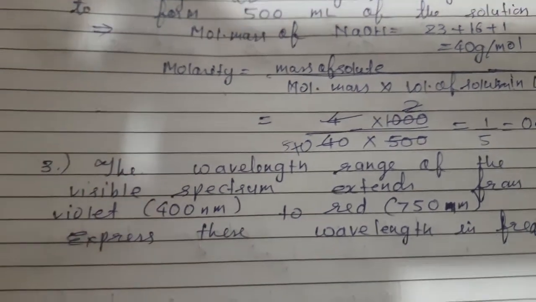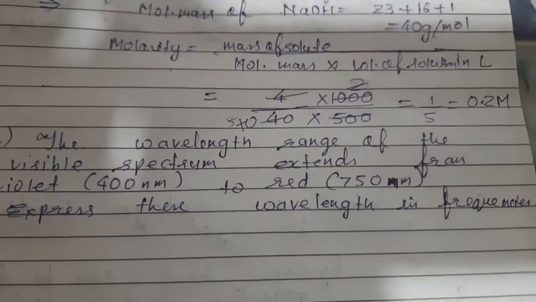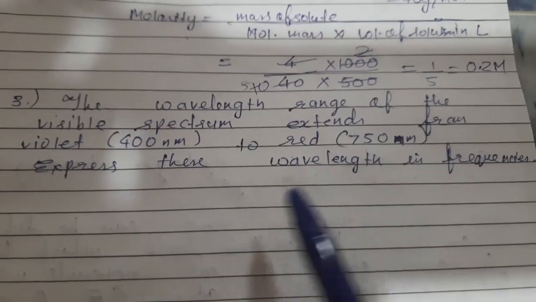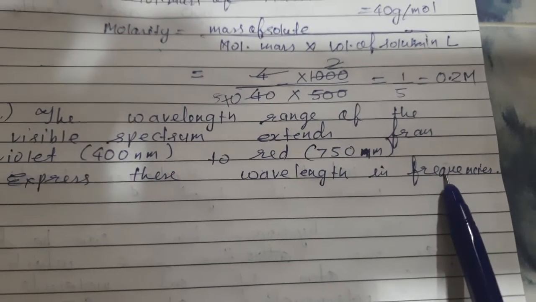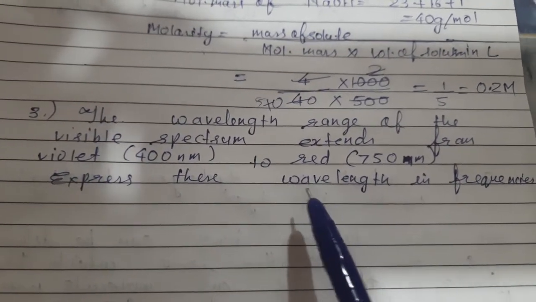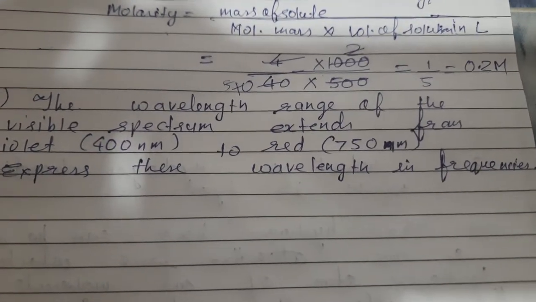Next question we will take, that is, the wavelength range of the visible spectrum extends from violet to red. Express these wavelengths in frequencies. So first we have to write the formula for wavelength and frequency. We all know that nu is equal to c by lambda.